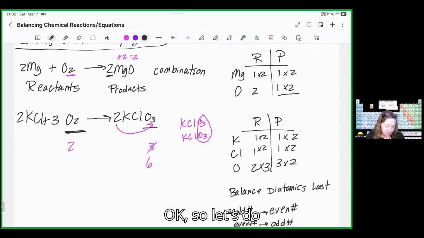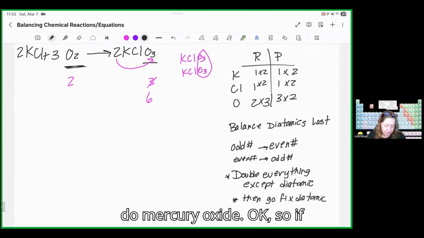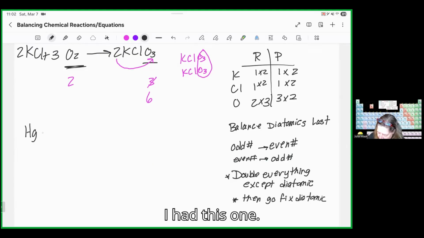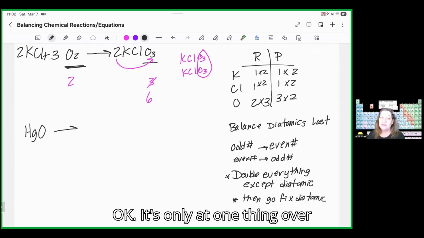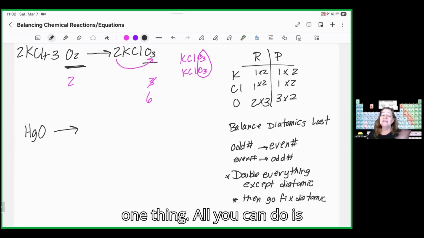So let's do mercury oxide. If I had this one, it's only one thing over there on the left. You only have one thing. All you can do is break it apart, decompose it.